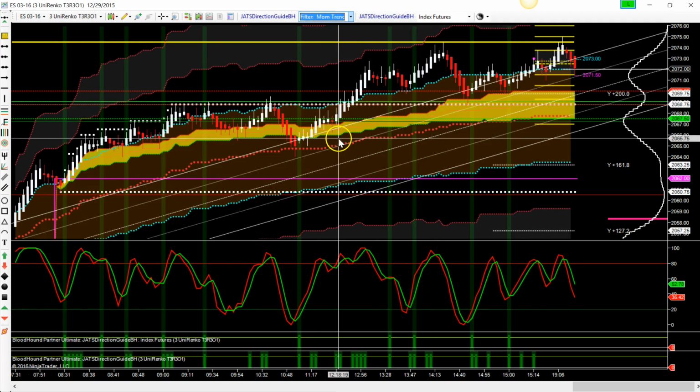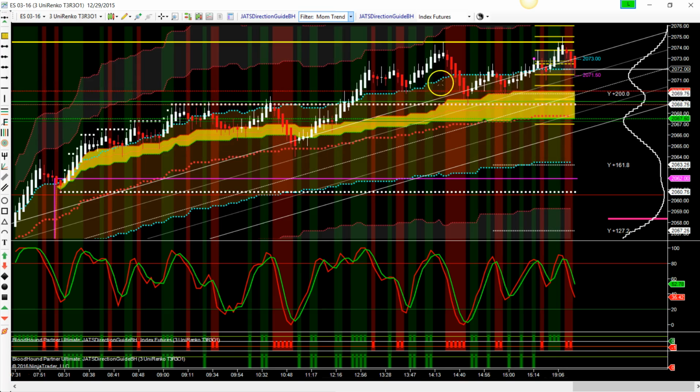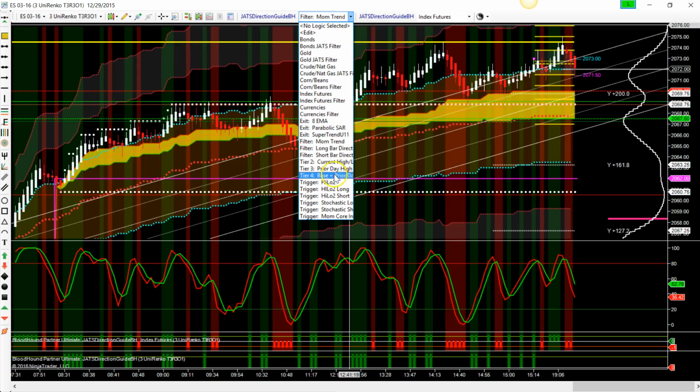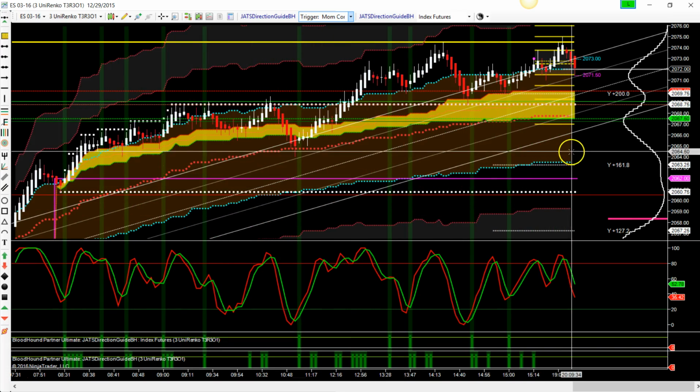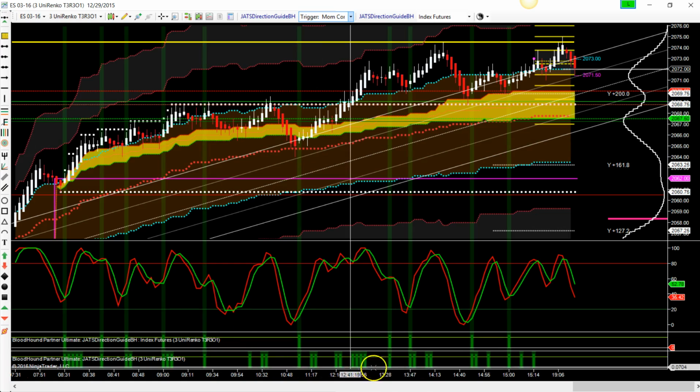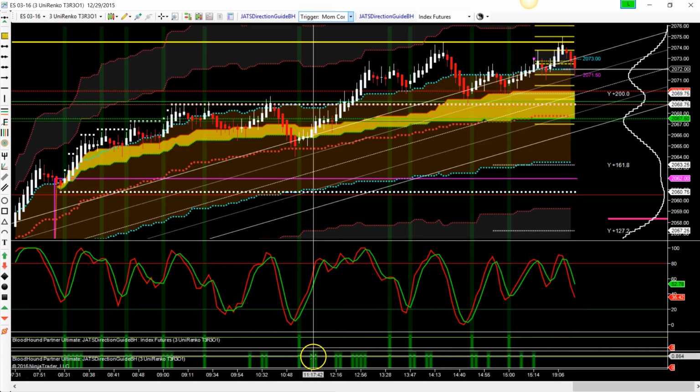I have a momentum trend filter that shows the momentum that price is moving in short term, and I have momentum core inflection signals that move in the direction of the Direction Guide trading system. So you don't even have to elect to receive a short or a long signal.